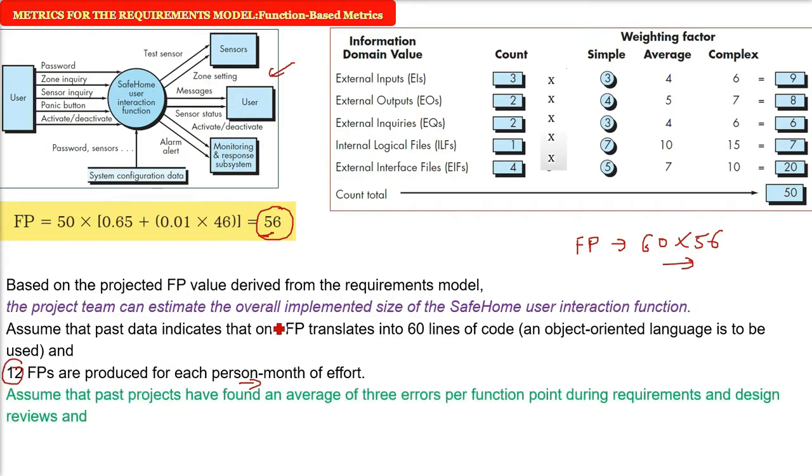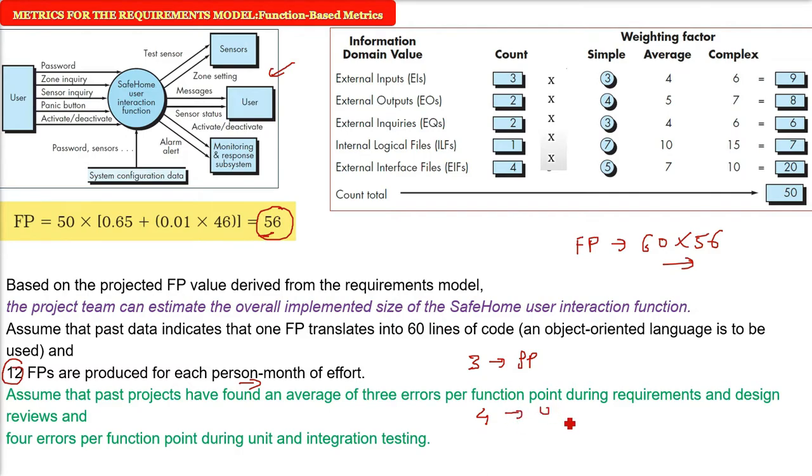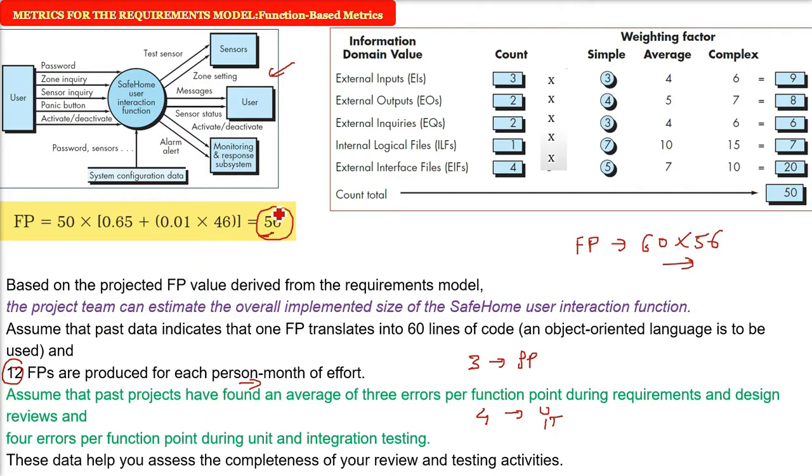Now just assume that in a past project, it was found that an average of 3 errors per function point is found during the requirement and design review. So for each function point, there are 3. So you can assume there are 56 function points. There are 4 errors per function point during unit and integration testing. So 4 you are getting, so 56 into 4.